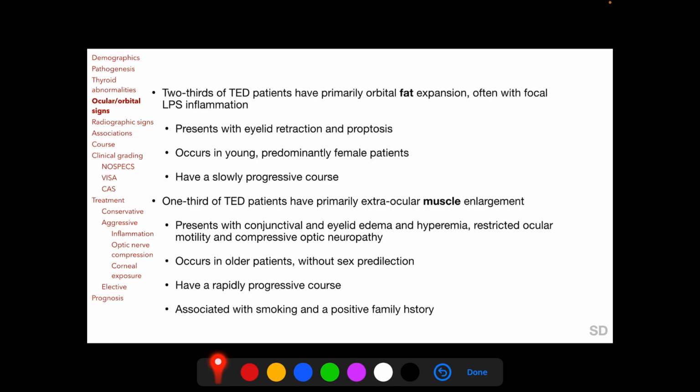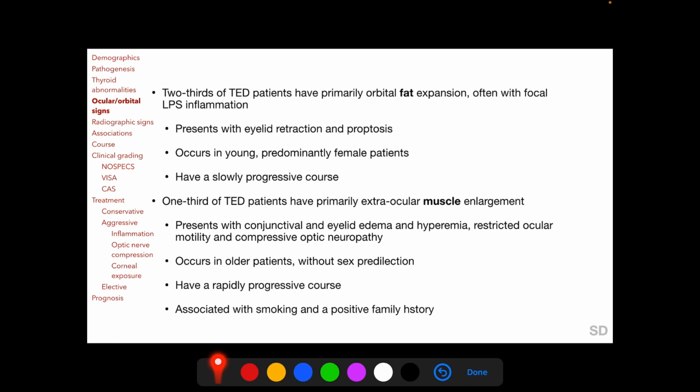Two-thirds of TED patients have primarily fat involvement, often with focal LPS inflammation, and they present with proptosis and eyelid retraction. And this usually occurs in young, predominantly female patients, and they have a slowly progressive course.